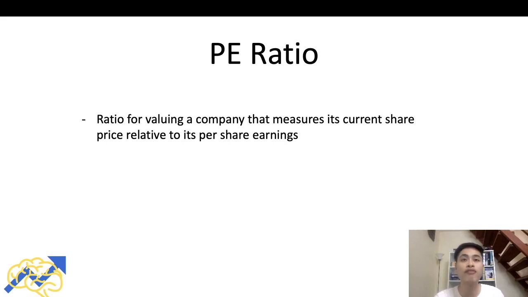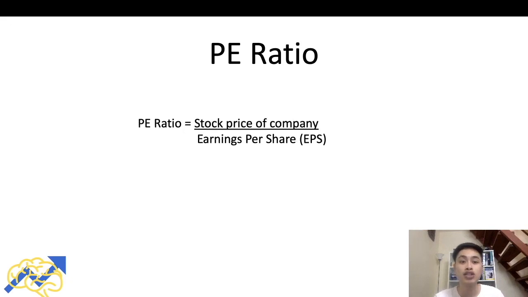The formula for how we derive the PE ratio of a company is by taking the stock price of a company divided by the company's earnings per share or EPS. So what the PE ratio means in investing and trading terms is how much we are willing to pay for every dollar of earnings per share.